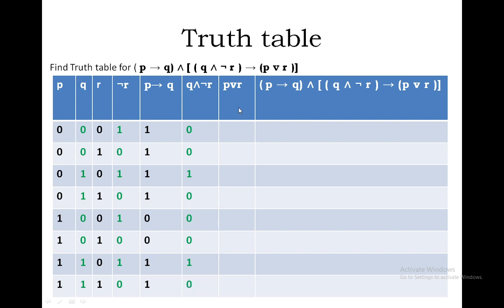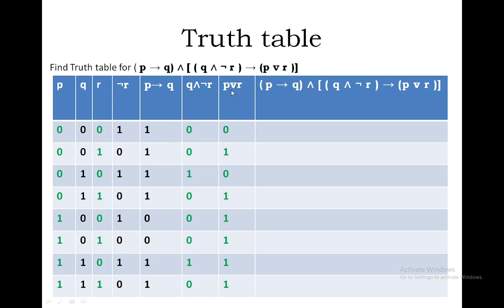Next we have to go for P or R. For this, the inputs are P and R. This is a disjunction.